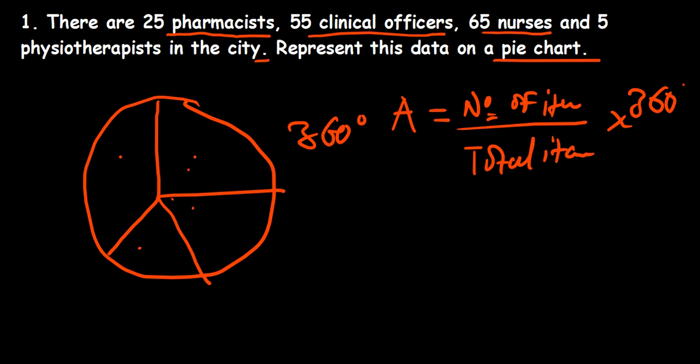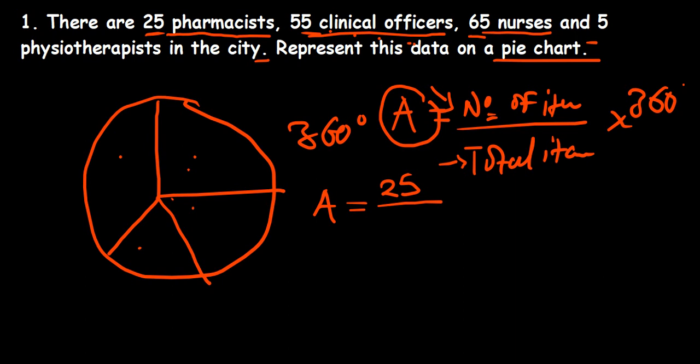It means for us to find the number of items, we can pick any category here. We have these health workers: some are pharmacists, some are clinical officers. If you want to find the angle for pharmacists, angle is equal to 25 for pharmacists, divided by the total number of health workers, so 25 plus 55 plus 65 plus 5.